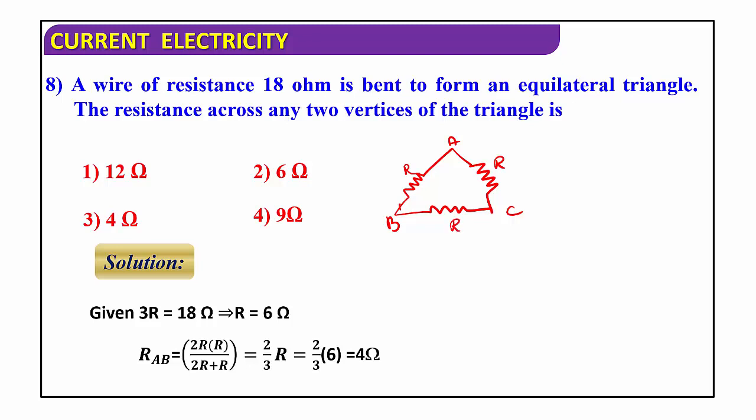So what is the value of each resistor? Total resistance is 18 ohm, they had given. See here, all these three resistors are connected in series. So 3R is equal to 18 ohm. R equals 18 by 3, means each resistor value is 6 ohm. So each resistor value is 6 ohm. It is given.